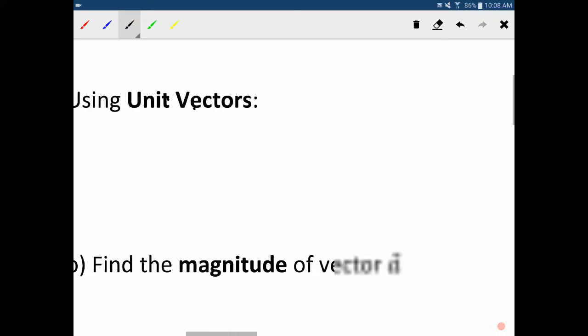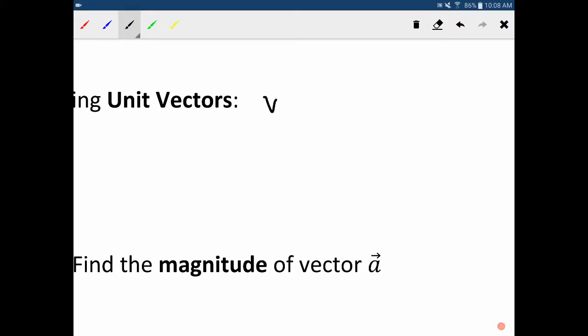Alternatively, we can use unit vectors. So we could say we take that Vx value and we multiply it by the unit vector i plus the Vy value times the unit vector j.